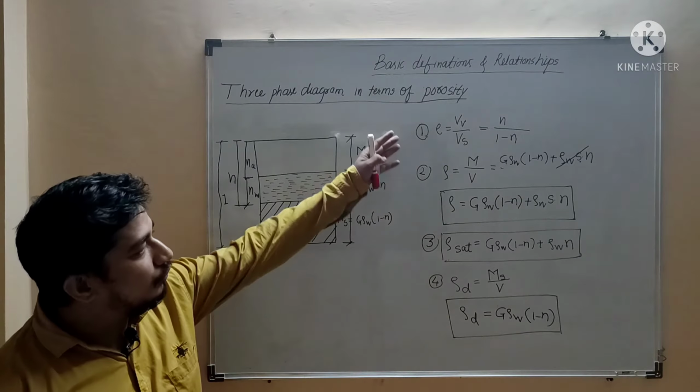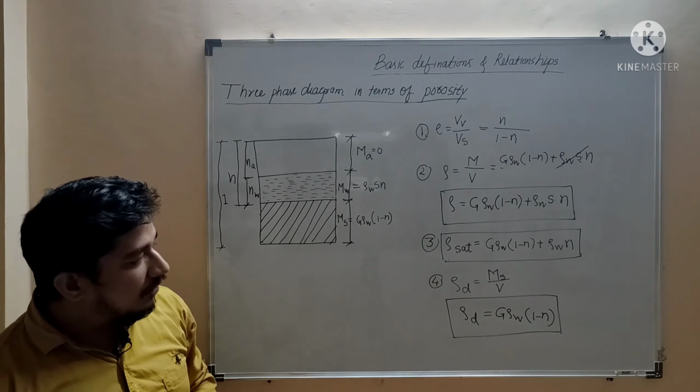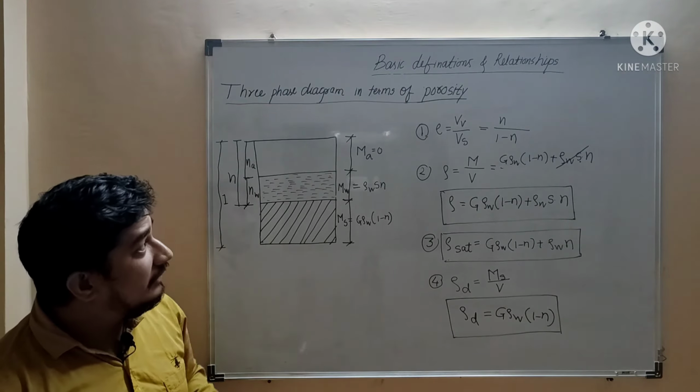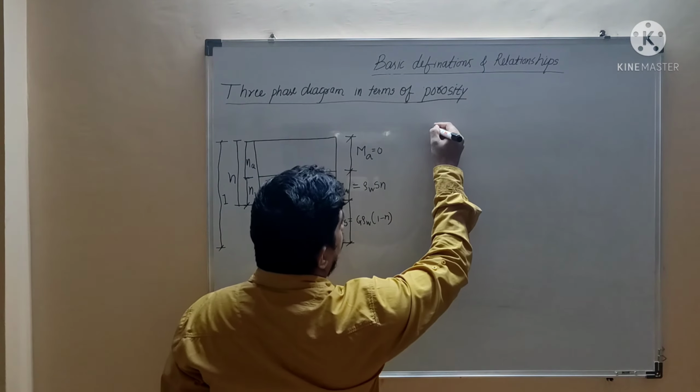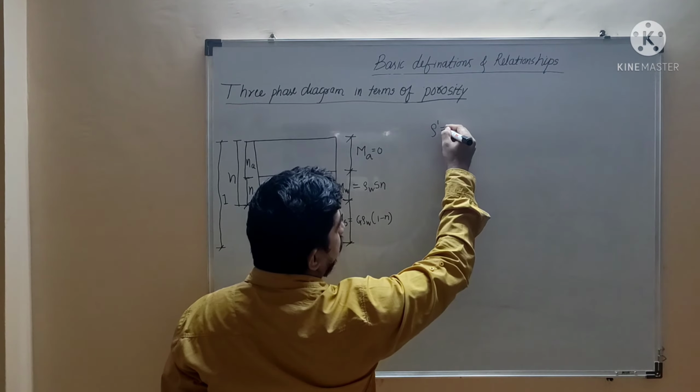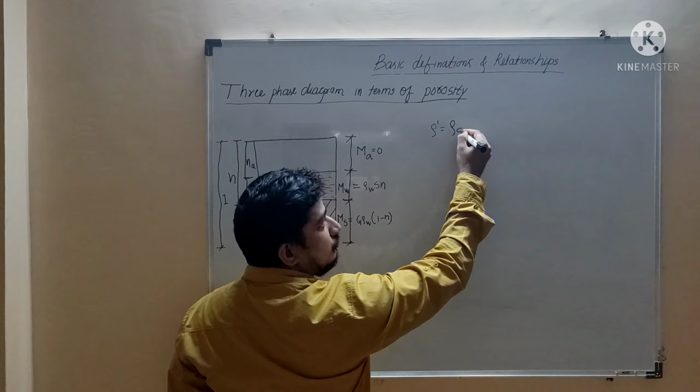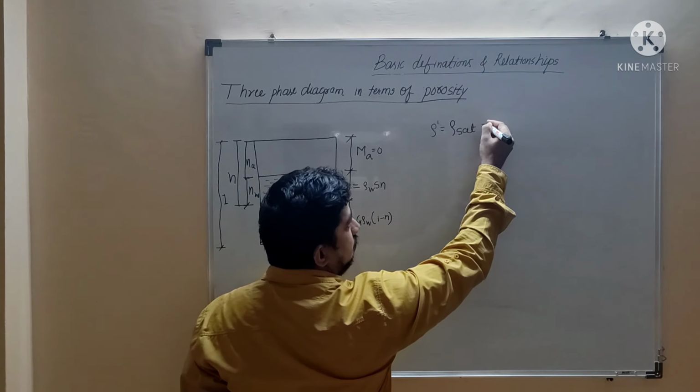These are the 4 formulas we have derived, and we have to derive one last formula, that is rho dash, the submerged mass density. Rho dash is equal to rho saturated minus rho w.